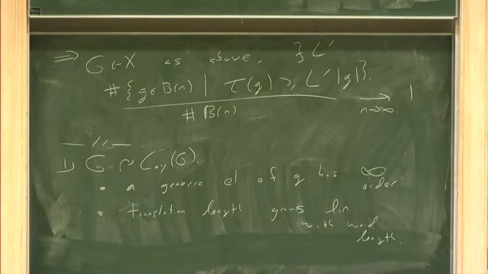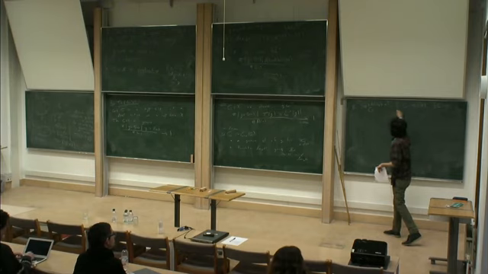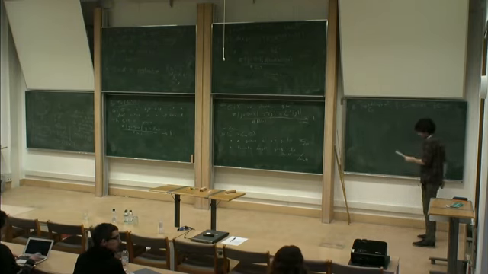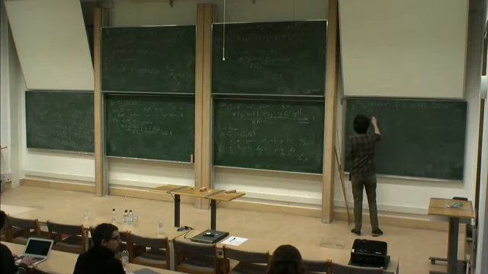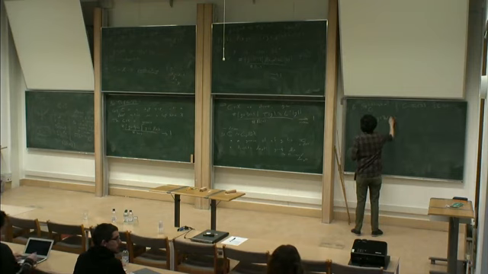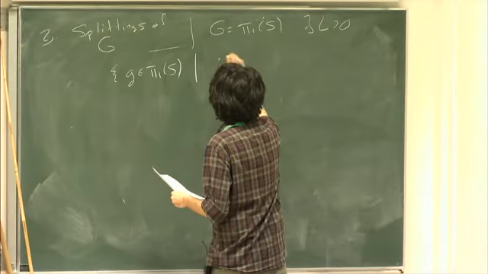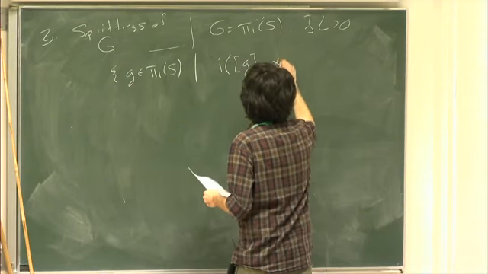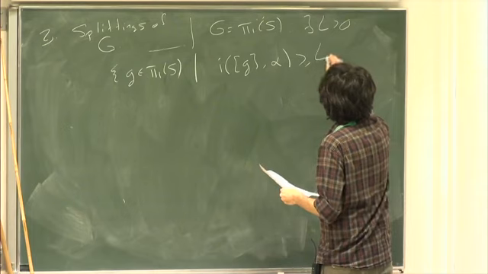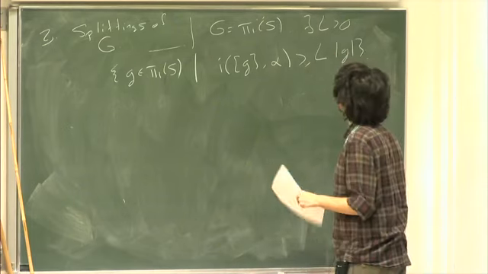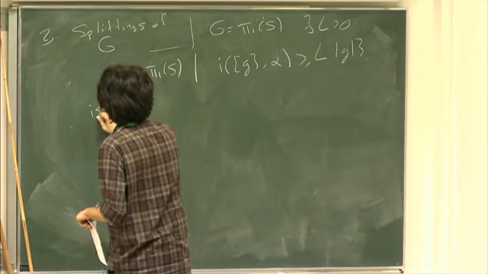Going back to our example, where G equals the fundamental group of the surface, there exists an L greater than 0, where L depends on the generating set we choose. I'm not being explicit with what the generating set is. It doesn't matter except in producing this constant L, such that the elements of the fundamental group of my surface that intersect alpha at least L times the word length are generic.